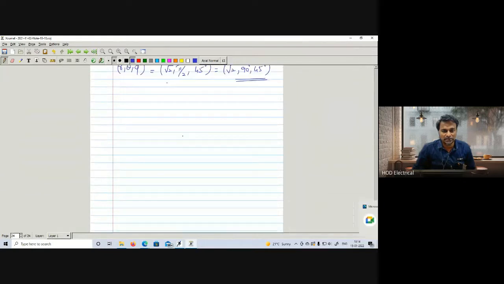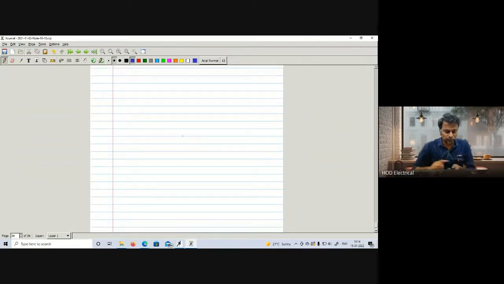In this class, we can assume that we have one vector. Take it as vector A equal to x into i cap plus y into j cap plus z into k cap.